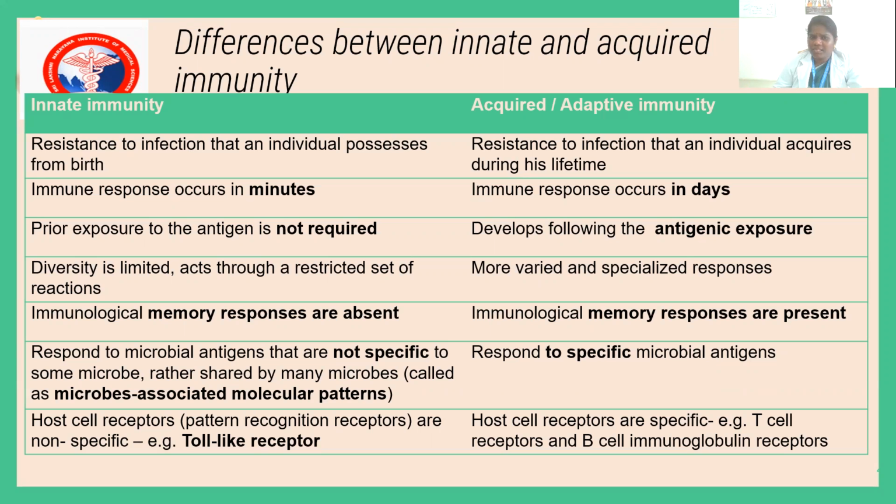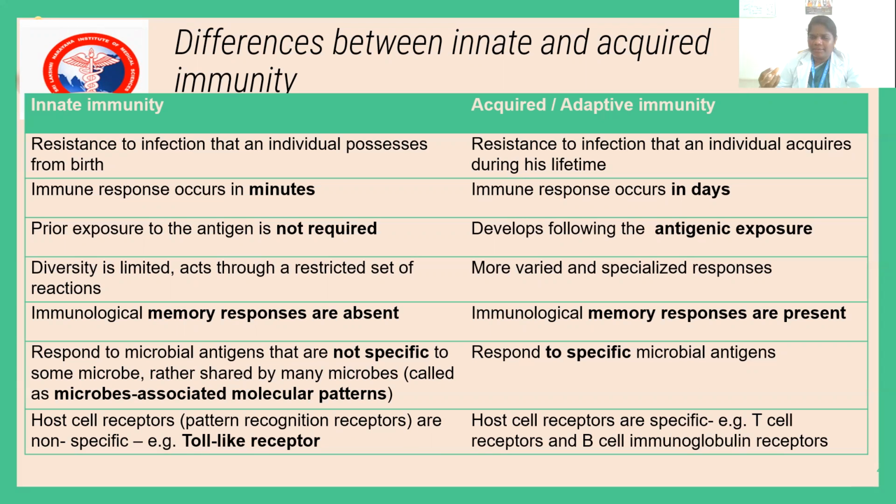Because it does not have prior exposure, it lacks a memory reaction. It won't recognize the antigen when it encounters it again. There is no specific antigen-antibody reaction, but it has an antigenic unit called microbe associated molecular patterns.